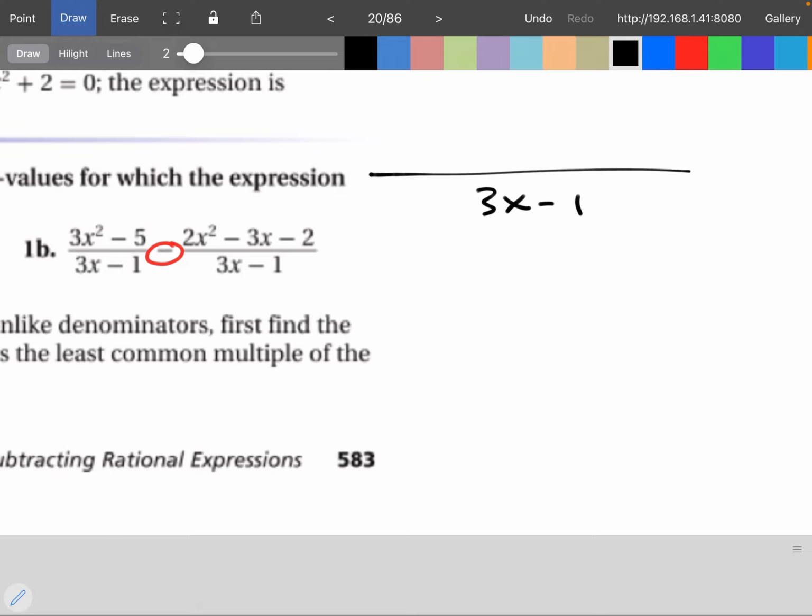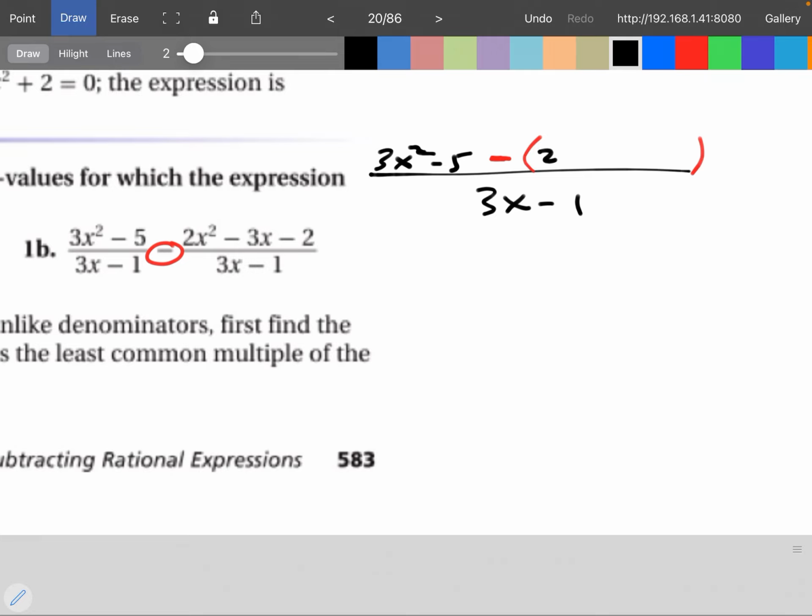We always keep our common denominator. And then we'd have 3x squared minus 5. And then the important thing is that minus in the middle, that subtraction right there applies to that entire numerator on the right there.